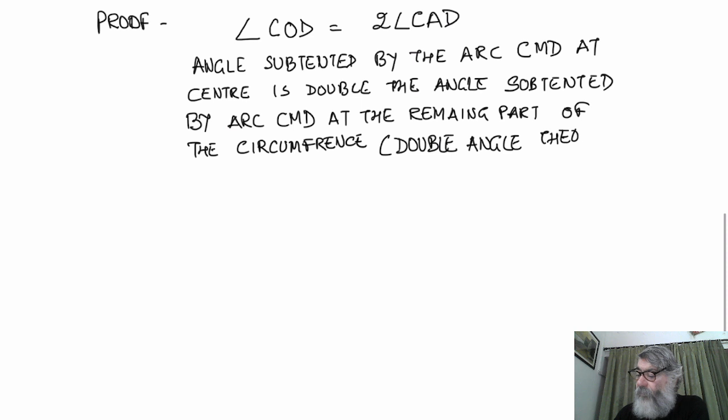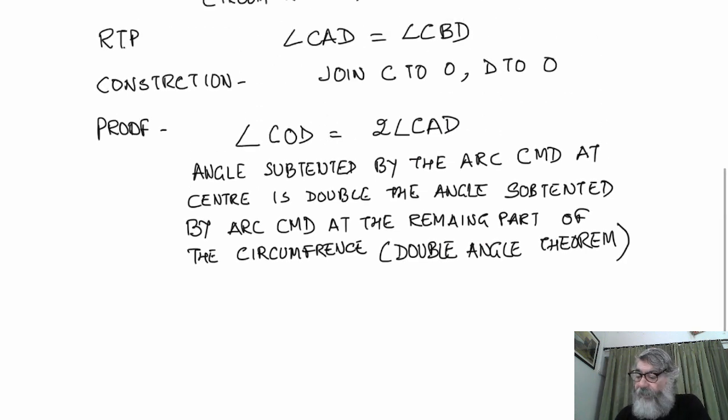The angle subtended by an arc at the center is double the angle which it subtends at the remaining part of the circumference. So COD is double of CAD.